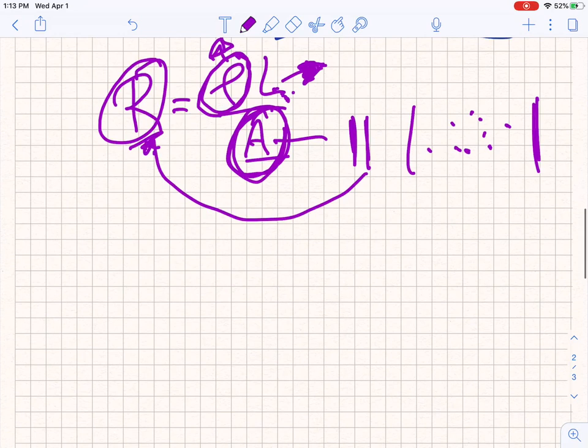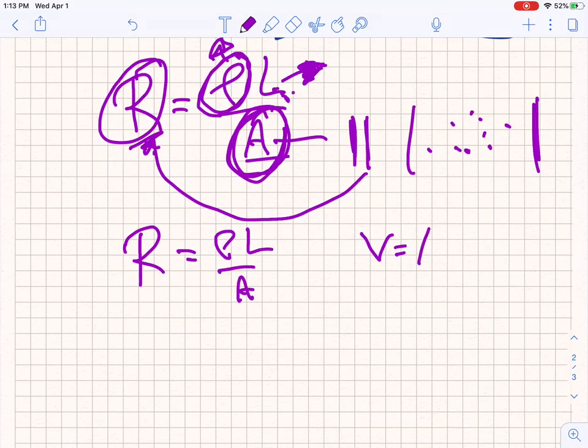Now, you can do a little bit of algebraic voodoo with this, because what you have is R equals rho L divided by A. Here's where you can get a little bit clever. If you remember that the volume of a cylinder, which is basically what a wire is, is your area times the length, so that would be your cross-sectional area times the length of the wire.